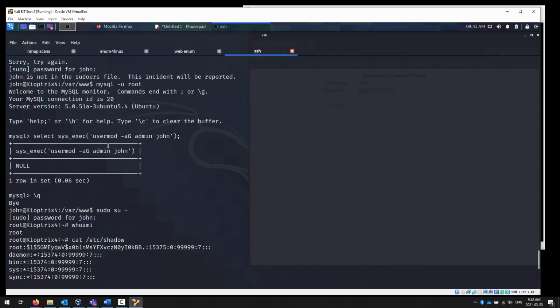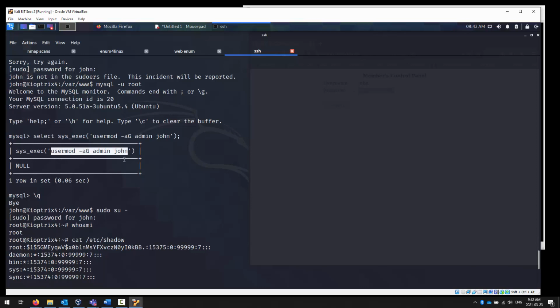But again, knowing that MySQL is installed, running as root, and knowing that I have the credentials for the database root account on that system, I'm going to try and see if the system execute function is enabled and that module is installed in MySQL. All right, I'm just going to try it. If it is, it will execute a system call.